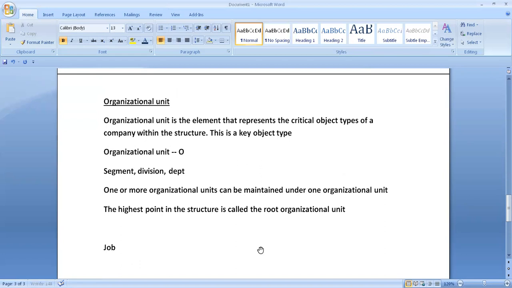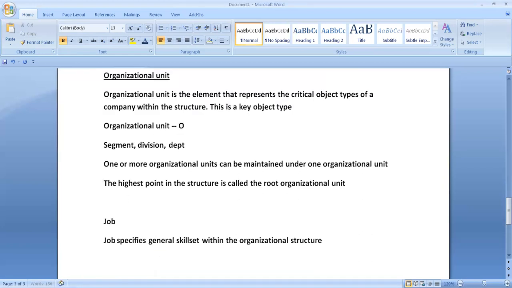Job specifies a general skill set within the organizational structure. That is what a job is.